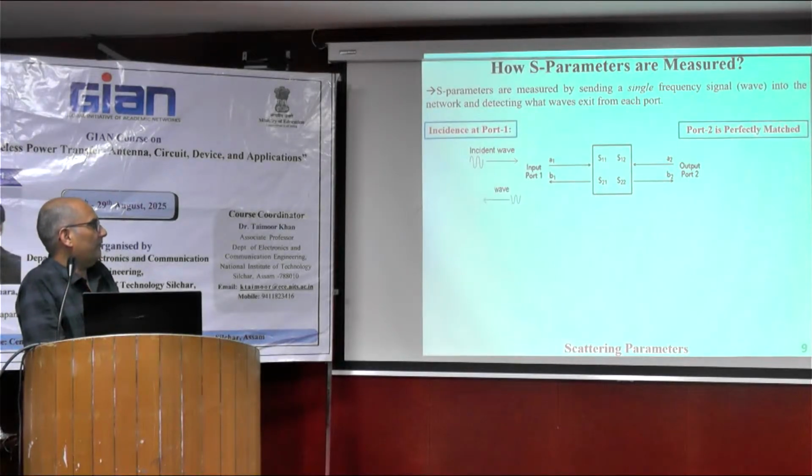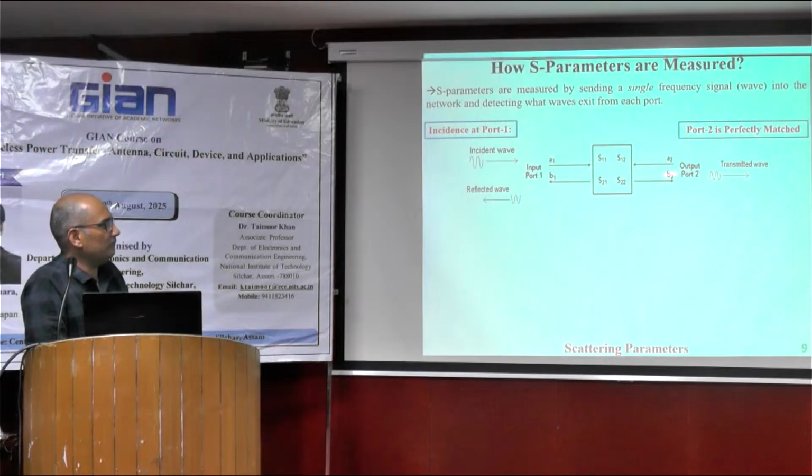Then a wave will be reflected back, because this is not perfectly matched. That's why from this source to this side there is some mismatch, and that's why this reflection is taking place. Then the difference of these two will go outward from left to right as a transmitted wave. Those are the conditions when you make port 2 perfectly matched and apply incidence at port 1.